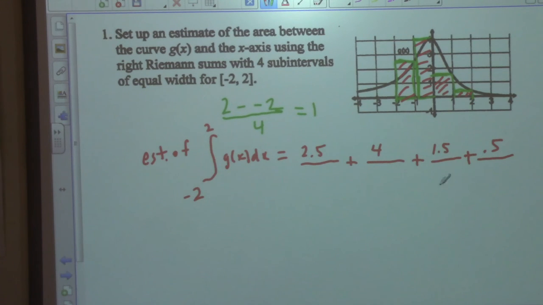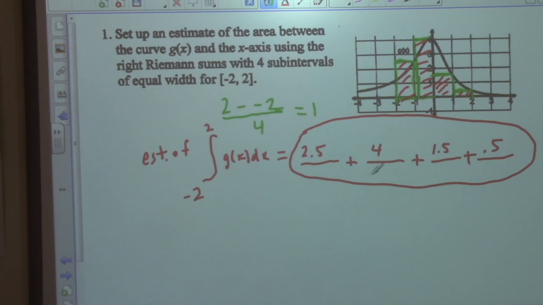But what you have here, once you've written it in this form, as far as standards in calculus, you don't actually have to add all these up, okay? Because you have given your answer here. So you've given the instructions. When you've given this, you don't have to actually add these up.